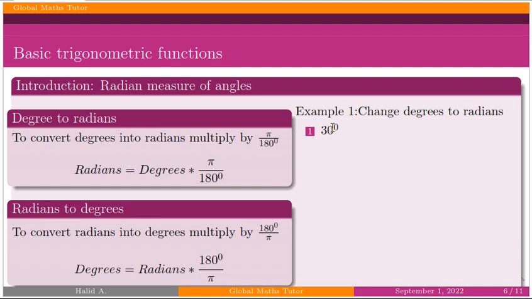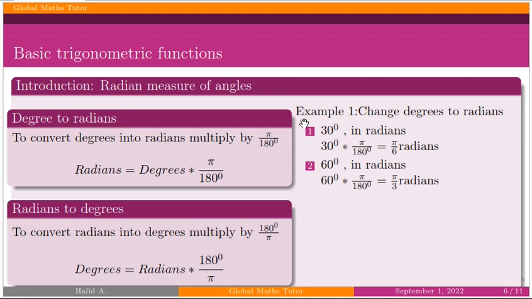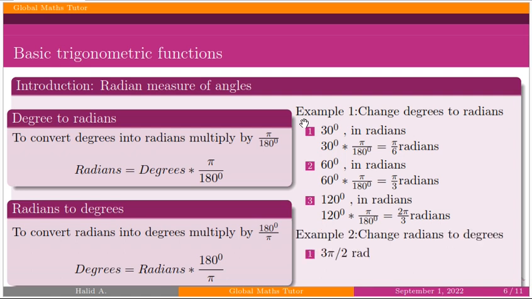For example, 30 degrees can be expressed in radians by multiplying by pi over 180 degrees, and 30 over 180 is 1 over 6, so pi over 6 is the same as 30 degrees. The same way, 60 degrees can be changed into radians by multiplying by pi over 180 degrees, and we get pi over 3 radians. For 120 degrees, we multiply 120 by pi over 180 degrees, which gives 2 pi over 3 radians.